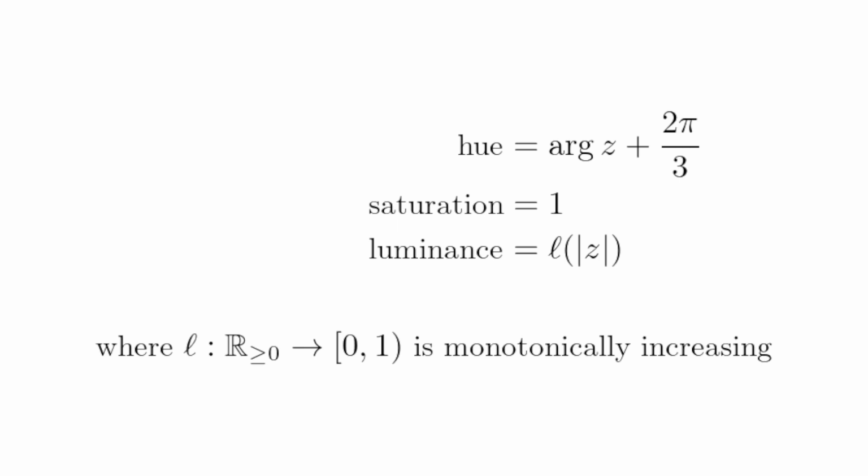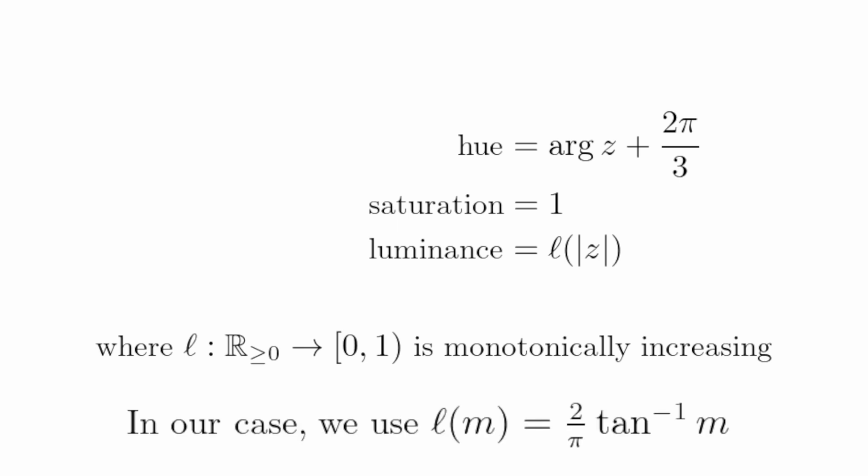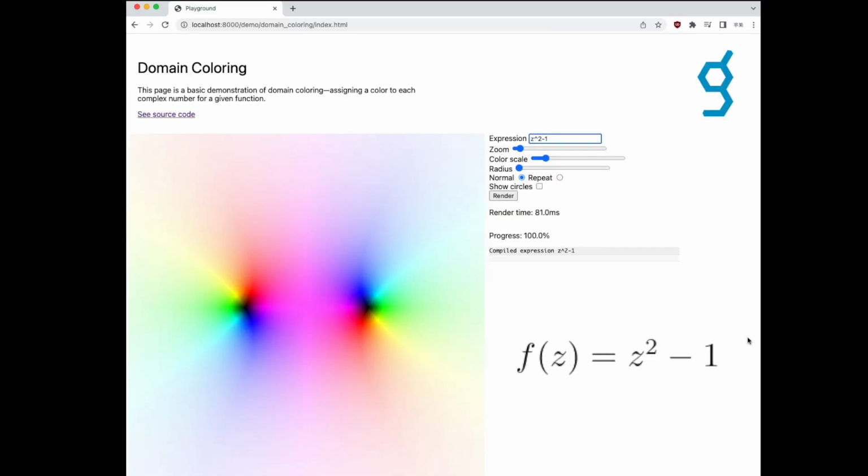This choice of function is somewhat arbitrary, but it has to take numbers from 0 to infinity and map them into 0 to 1, because luminance is between 0 and 1. So here's what it looks like fully applied. We have a function of a complex number which associates to each point in the complex plane another complex number, and then we convert that into a color which we display, and that color function is the function that we just described.